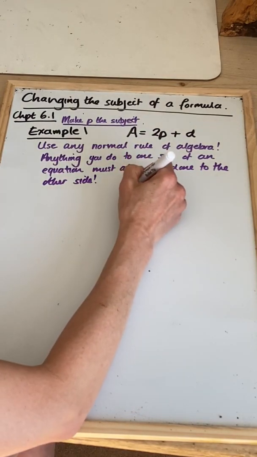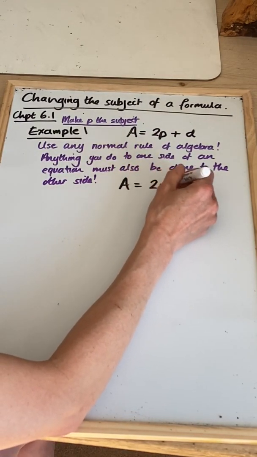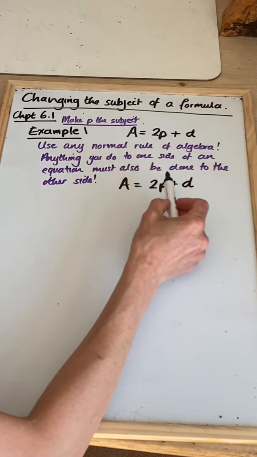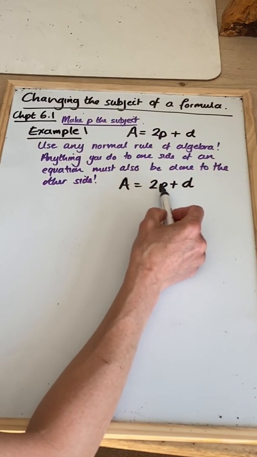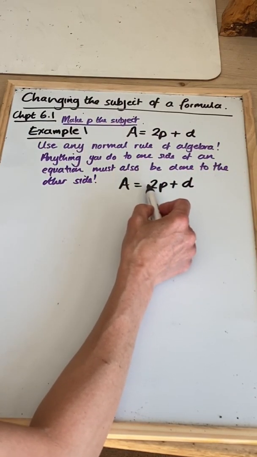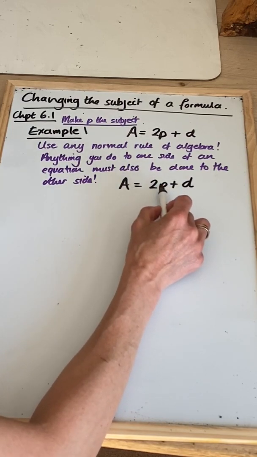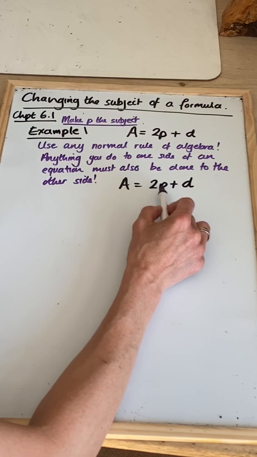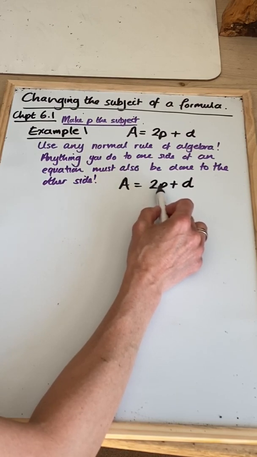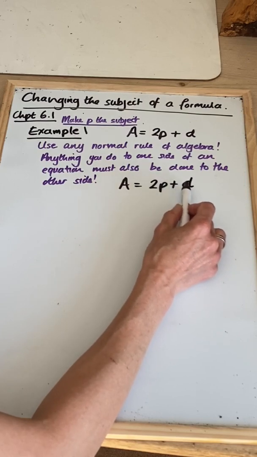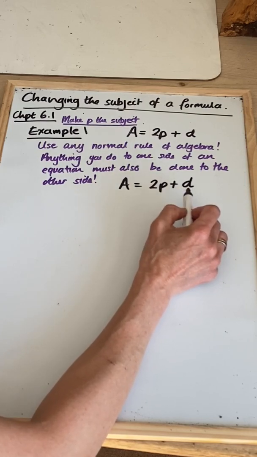A equals 2p plus D, and we want to get it so that P is the subject, P is on its own. So first of all, we have to look at where P is in this formula. It's here in the middle. And what is happening to that P? Well, that P is being multiplied by 2, and it's had a D added onto it.